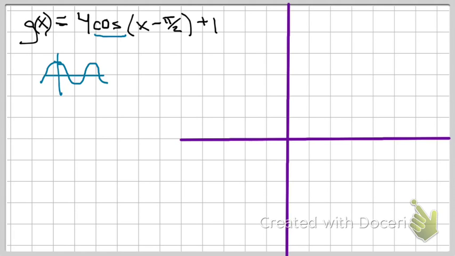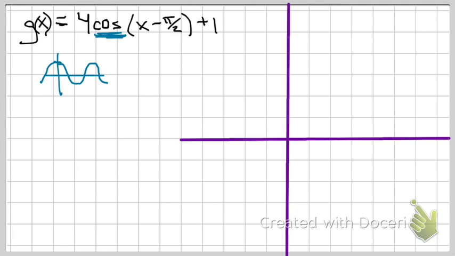And then I'd like to know, what do I actually know about this one? What do we know about this graph, the parent function? Important characteristics. Give me one, Mitch. The amplitude is equal to the radius?